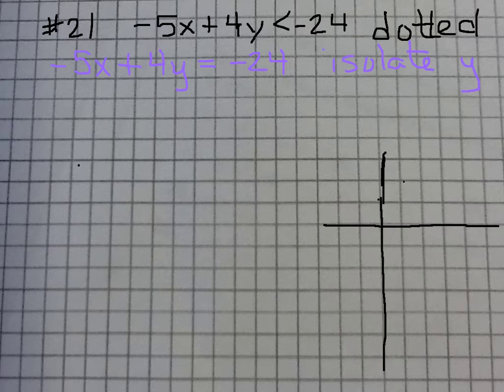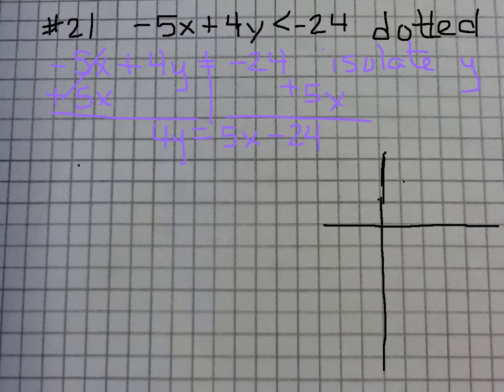In order to do that, I'm going to move that 5x to the other side. Those cancel. Negative 5x plus 5x, of course, is 0. And I get 4y is equal to 5x minus 24.